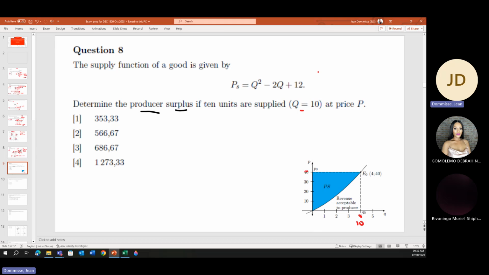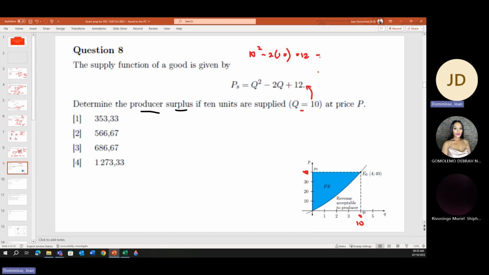To get to that number, we will put 10 into this equation. So let's do that first. To solve for P, let's put it in the equation. That is 10 to the power of 2 minus 2 times 10 plus 12.